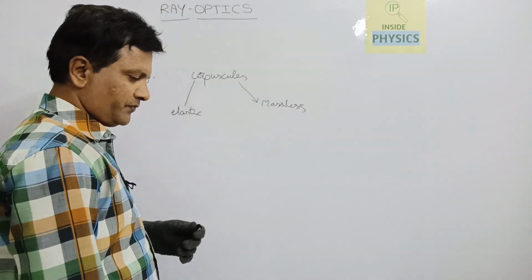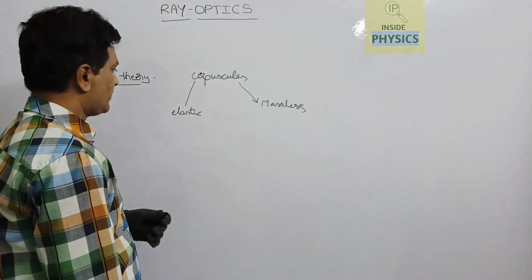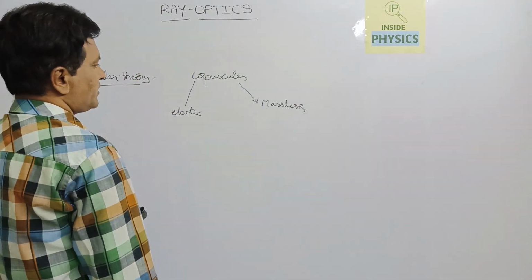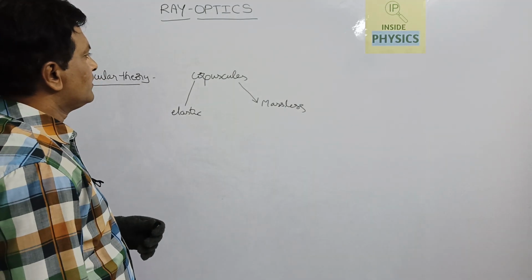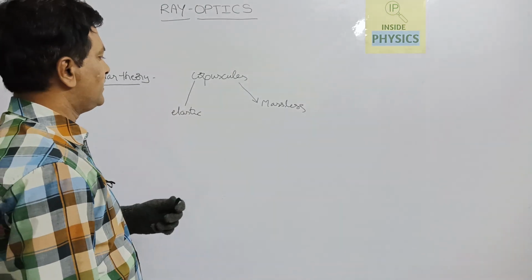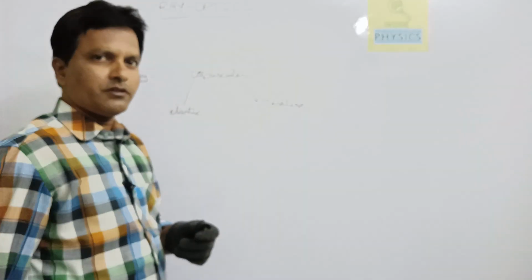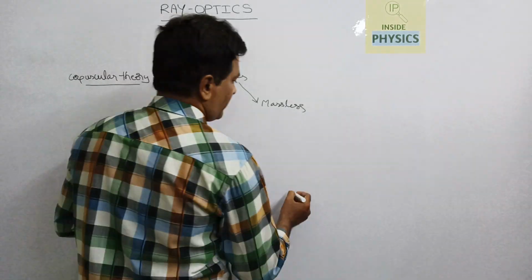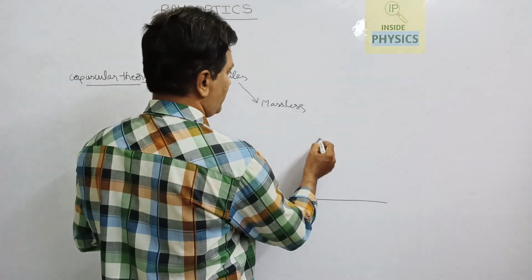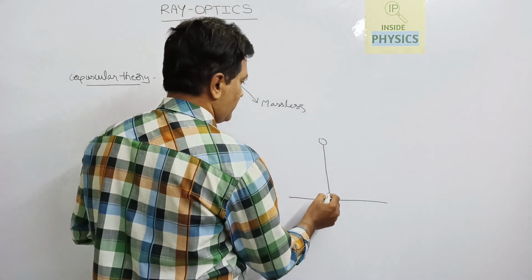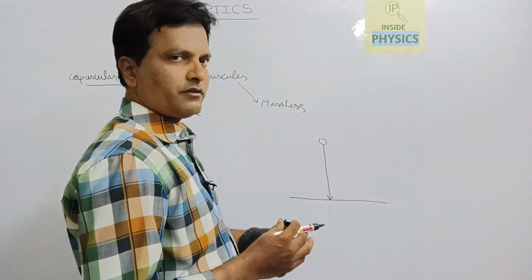As we know, Newton is a great scientist in mechanics. He tried to explain the reflection property of light with the help of mechanics. When light is considered to be moving in the form of corpuscles, he said that whenever a ball is dropped on a surface, it will bounce back, losing a small amount of energy.